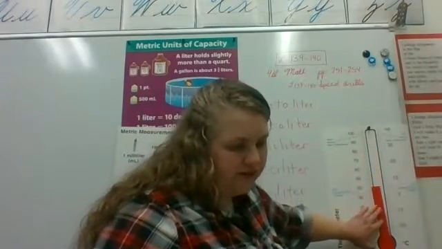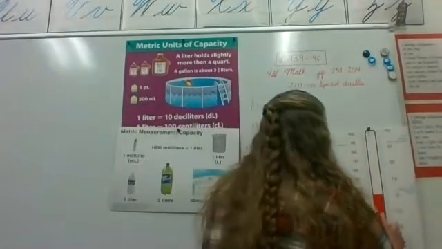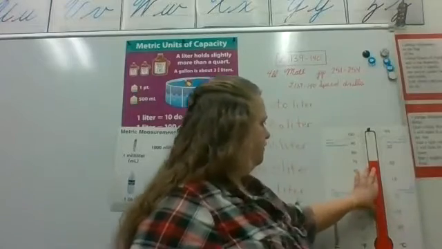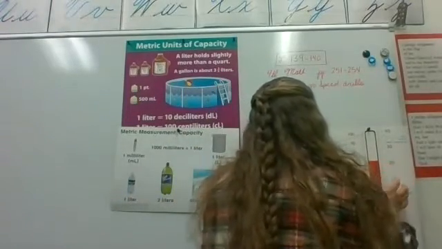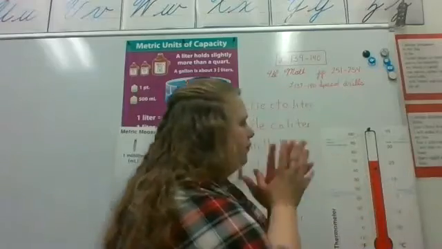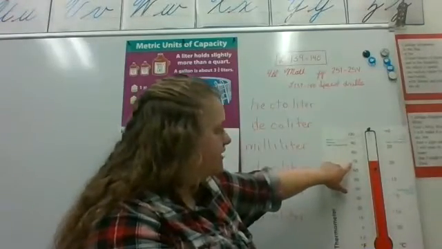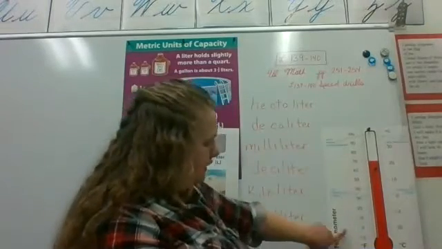So if I set the temperature right here, and I'll put my magnet there. I'm not sure if you can see the numbers, but this number is 70. So this is 70 degrees on the Fahrenheit side.